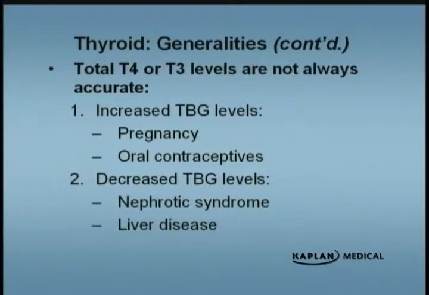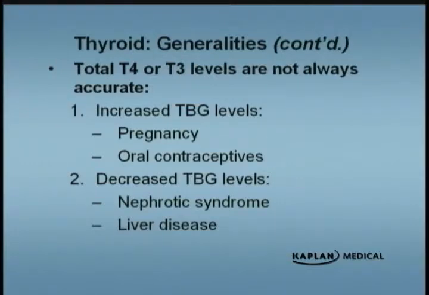I told you this because total T4 is T4 bound to albumin and protein, so it's increased in any case where thyroid binding globulin levels are elevated, as in pregnancy and oral contraceptives, and it's decreased where thyroid binding globulin levels are decreased, like in nephrotic syndrome and liver disease.